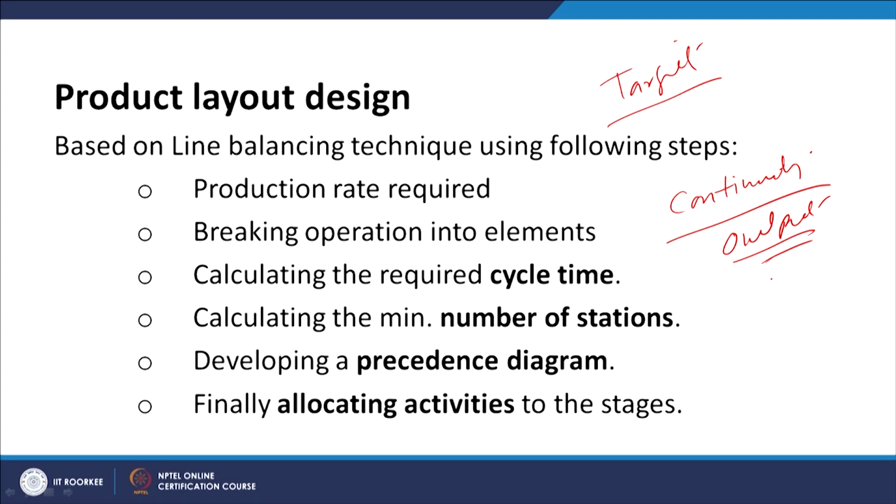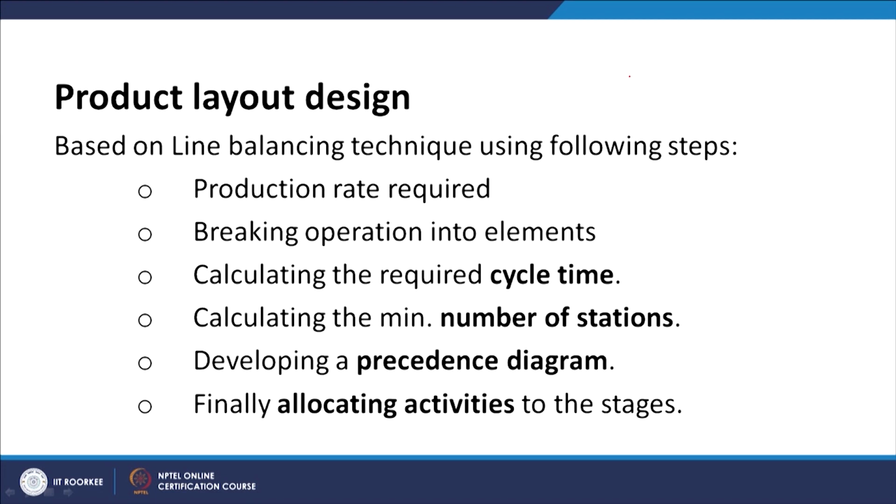For example, it may be 100 units to be produced per day, or 500 units per day. As per the target, the layout is designed and the line is developed. So, the first thing here is to identify the target output.